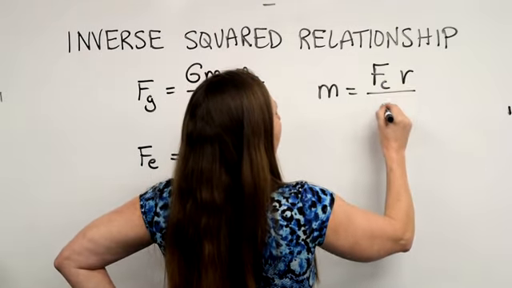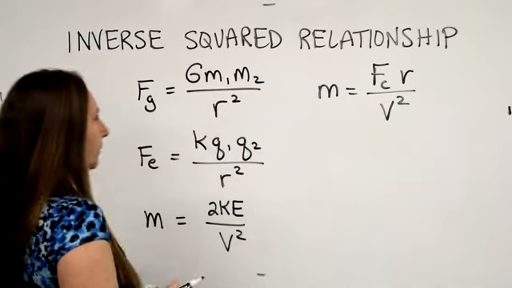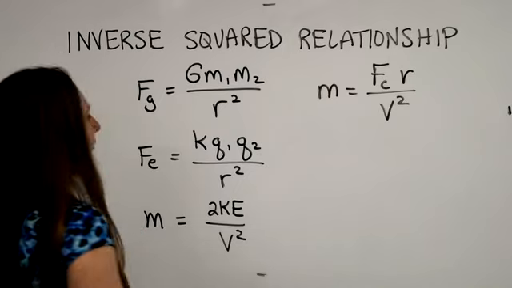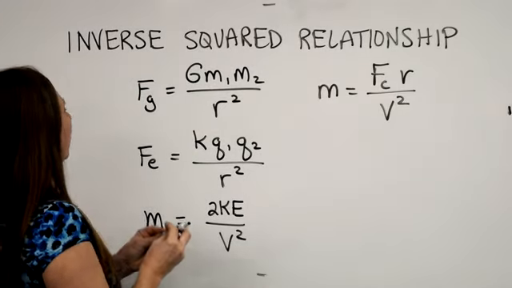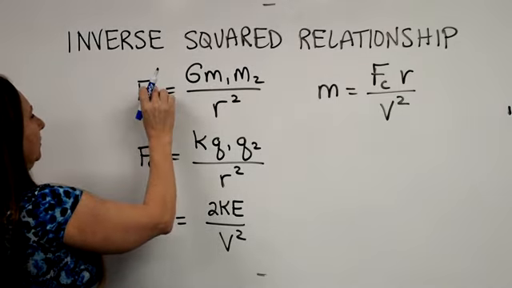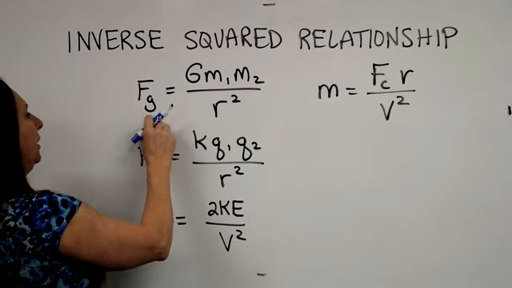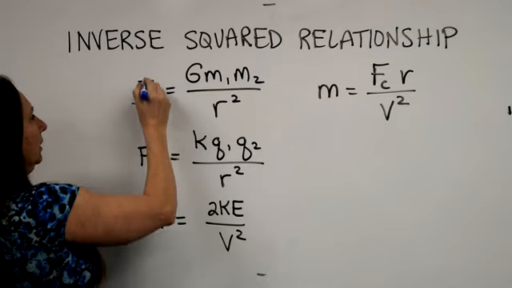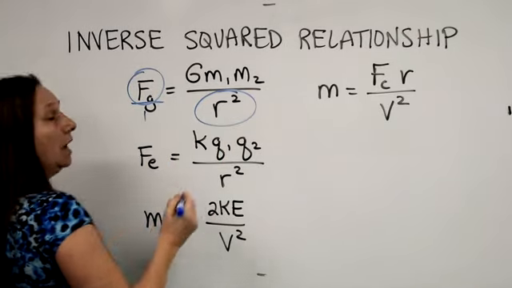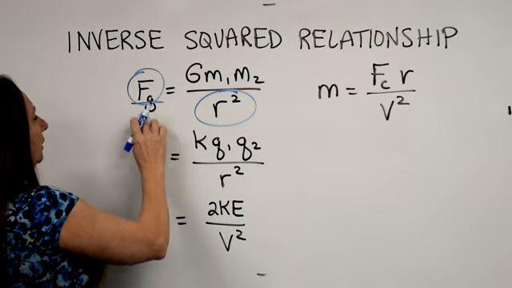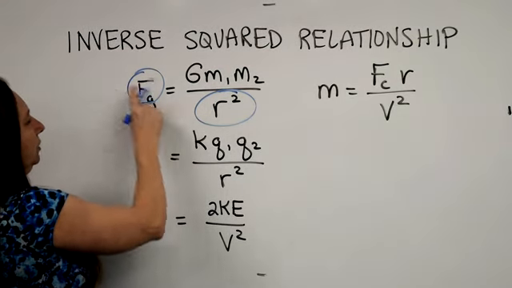So what you see here is that in every case, you've got this dependent variable over 1. There's the numerator, there's the denominator, and it's squared. They are related as inverse squares, these two here.